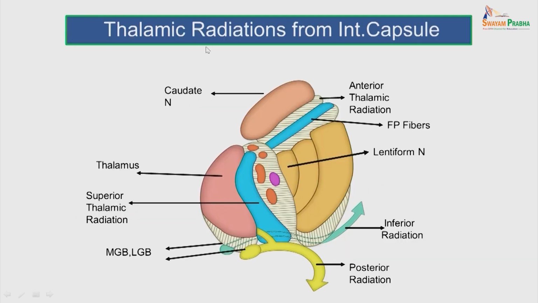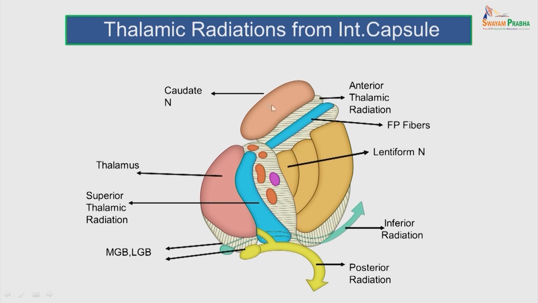Next, we call it the thalamic radiation, the ones passing through the internal capsule. They are the anterior thalamic radiation, the superior thalamic radiation, the inferior thalamic and posterior thalamic radiation.